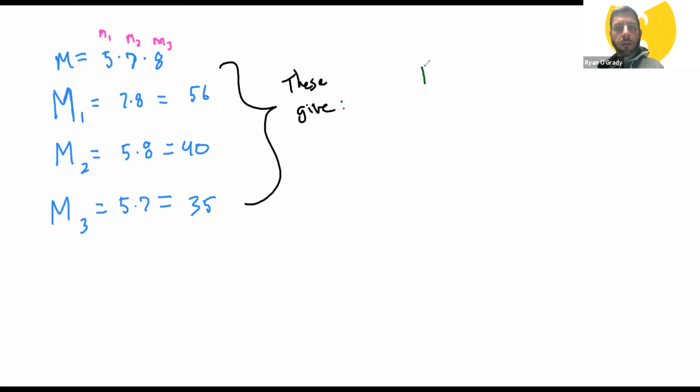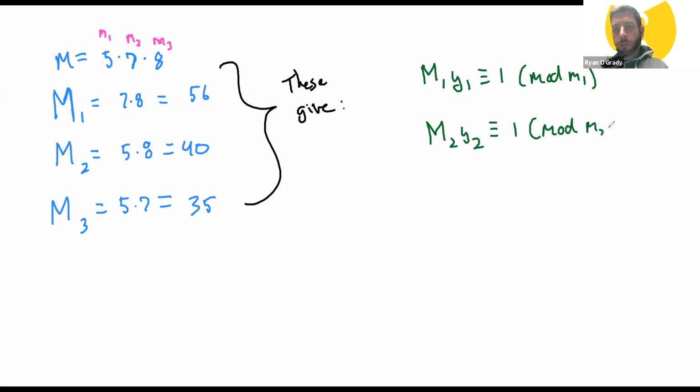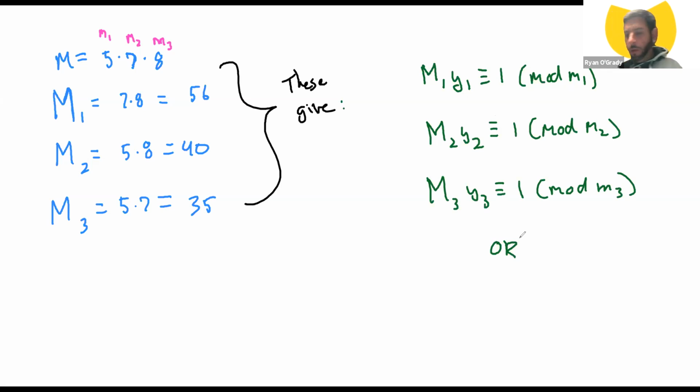We need capital M sub 1, lowercase y sub 1, congruent to 1, mod lowercase m sub 1. And then we need capital M sub 2, y sub 2, congruent to 1, mod m sub 2. And then, of course, we need capital M sub 3, y sub 3, congruent to 1, mod lowercase m sub 3. But, of course, we don't care about it in these letters. We need the corresponding values.